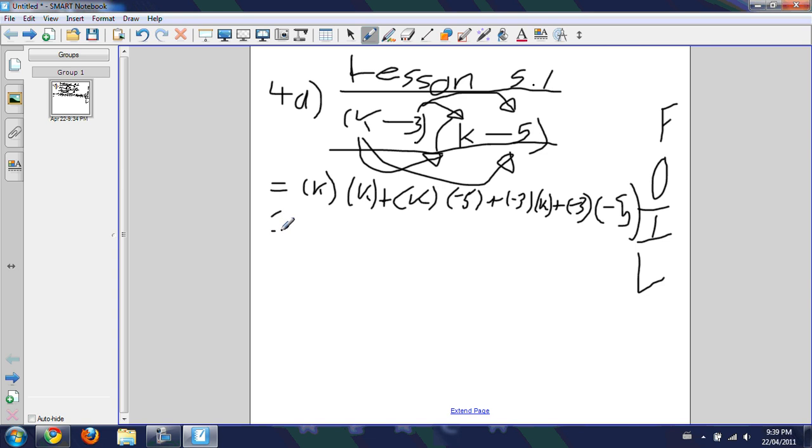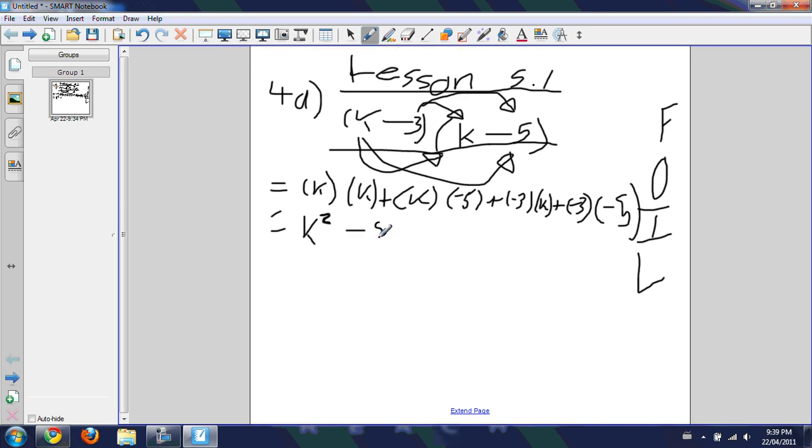So when I multiply the k, two k's will become k squared plus, sorry, it would become a negative since the negative 5.